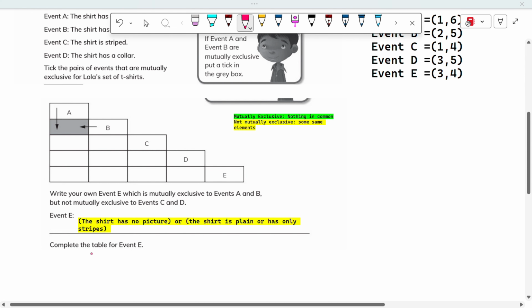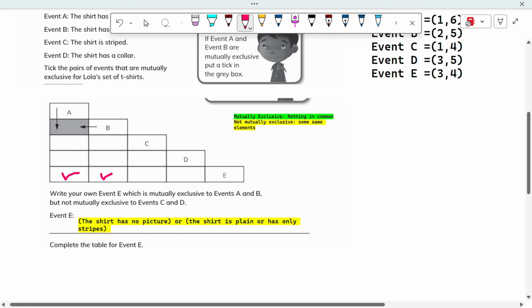Now let's continue to complete the table. Let's start off with the E, which has already been done for us. It says that event A and B should be exclusive to E. That means that event A and E, I'm going to take there.